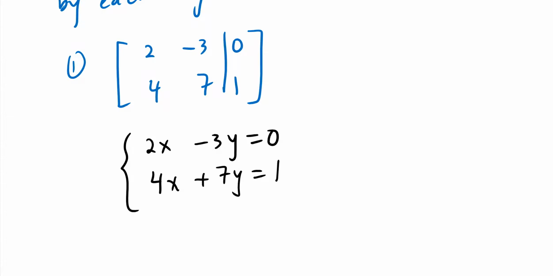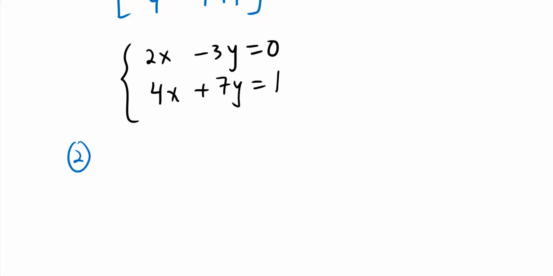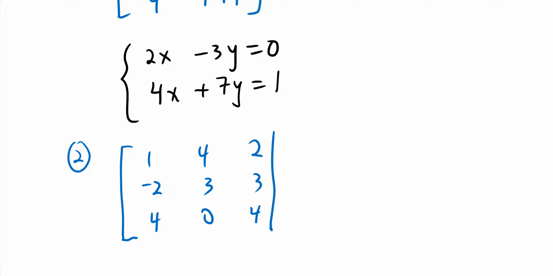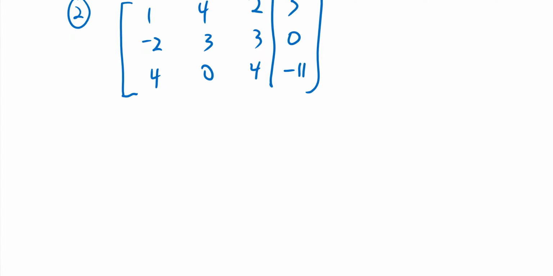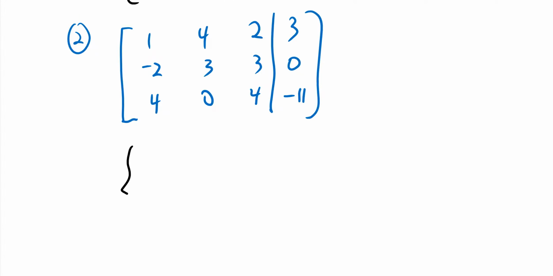We're going to look at another example. 1, negative 2, 4. 4, 3, 0. 2, 3, 4. 3, 0, negative 11. So now we have 1x plus 4y plus 2z equals 3.